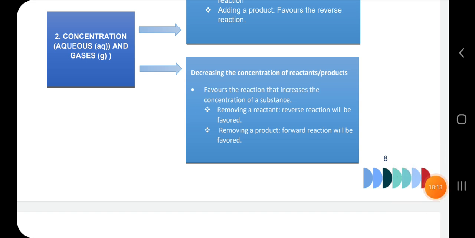Yes, you should know that when you decrease a reactant, the system will increase it. And when you decrease a product, the system will increase it. So the reverse reaction produces the reactant, but the forward reaction produces the product.